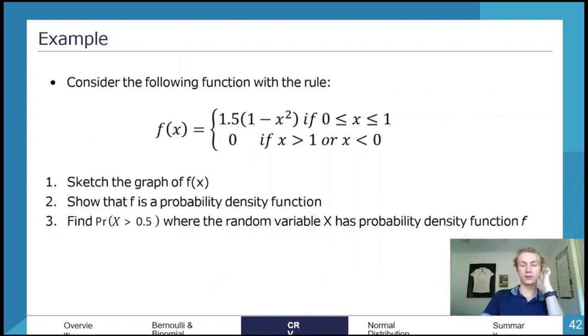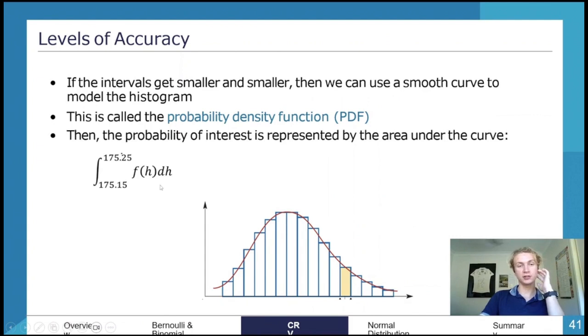And remember that we've also always got to have this dh, which in simple English means we're looking in terms of h. So we would integrate between these 2 points in terms of h of this function. And this function, f of h, equals the probability density function.